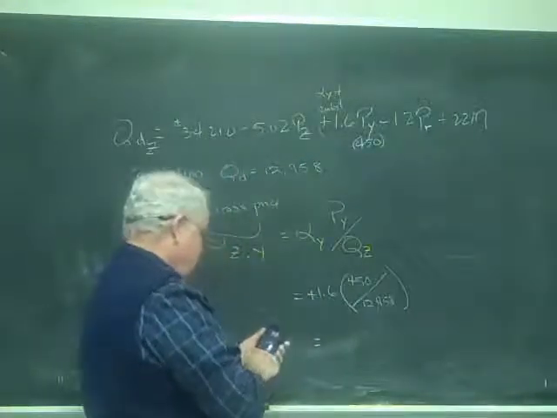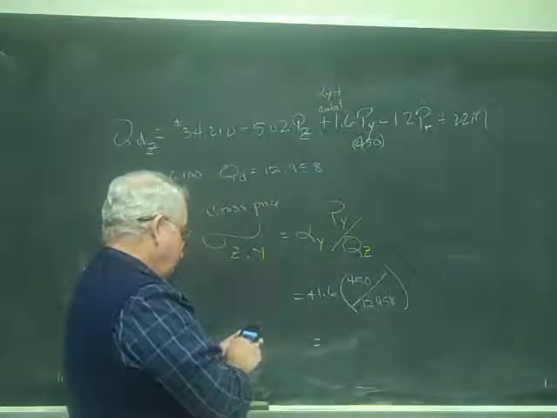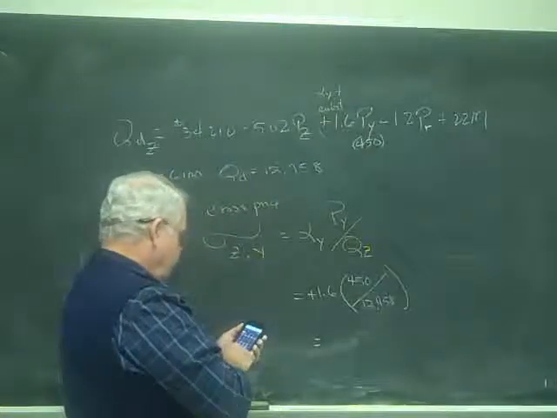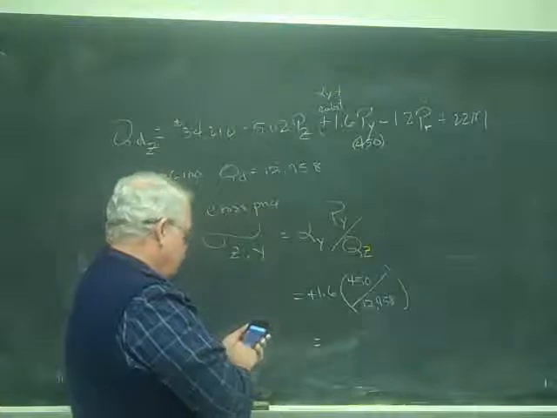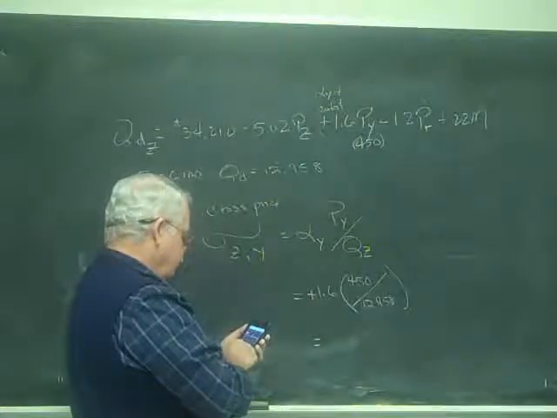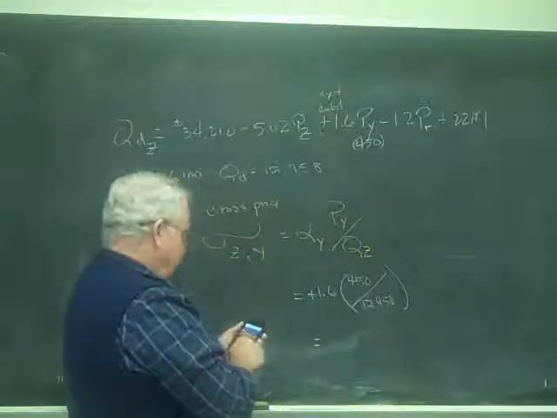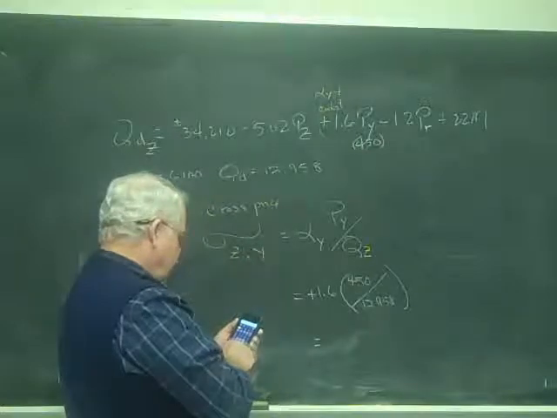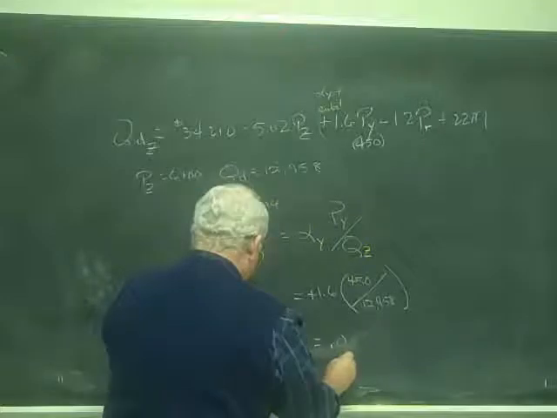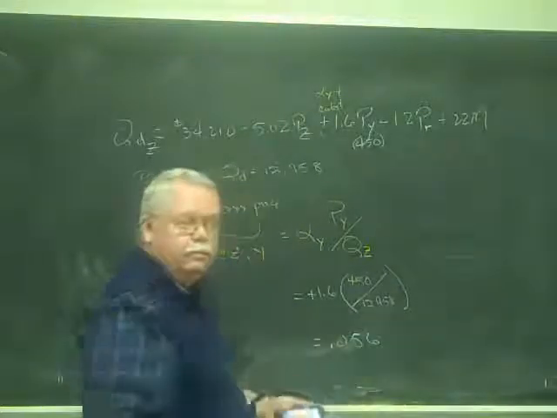Calculators are recommended. 450 by 12,958 times 1.6. I got a cross-price elasticity of about 0.056, something like that.